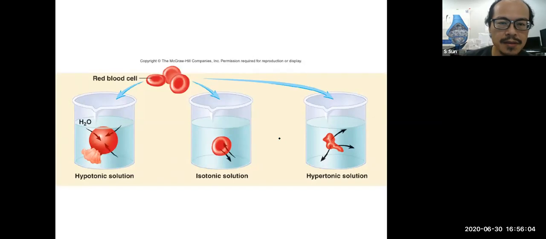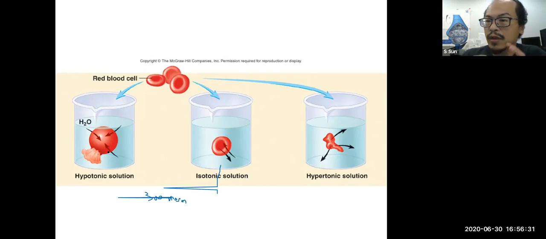So here, if the red blood cell is in isotonic solution, what's the concentration? This is 300 milliosmol. And this one is hypotonic because too much water is going in, and the cell membrane is phospholipid, so it bursts.